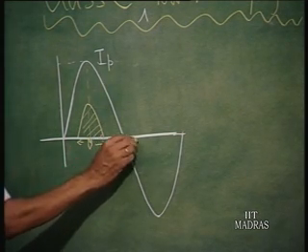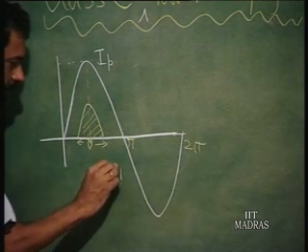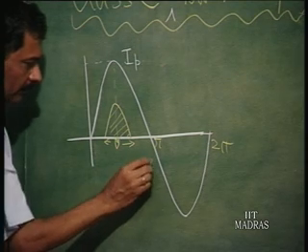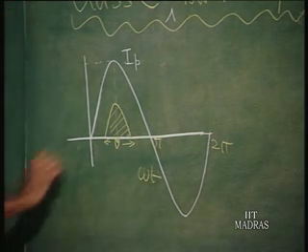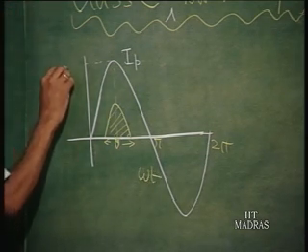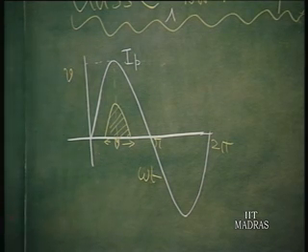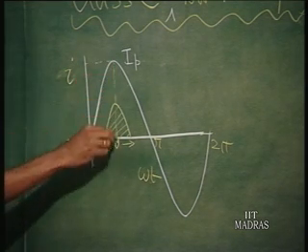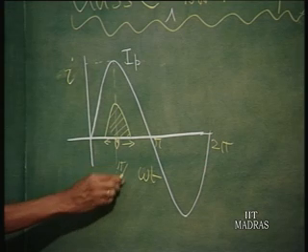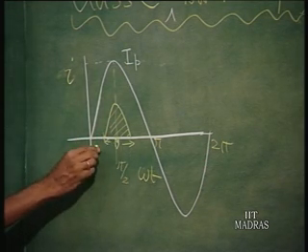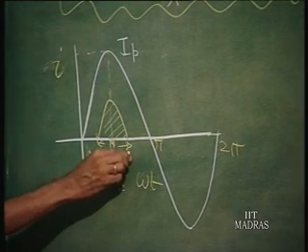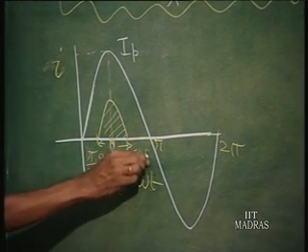This is pi, this is 2 pi, and this is actually omega t we are plotting here, okay, and then this is V, I. So, this period theta, this is actually corresponding to pi by 2. So, this point is going to be pi by 2 minus theta by 2. This point is going to be pi by 2 plus theta by 2.